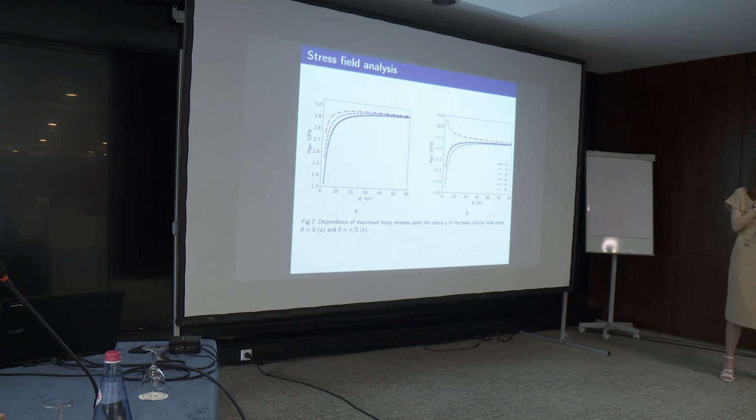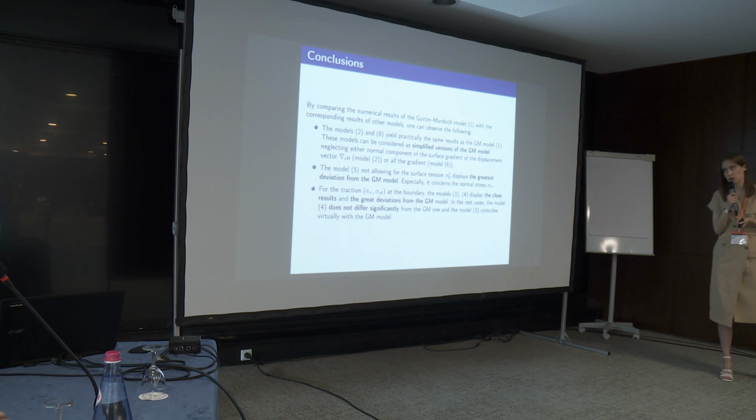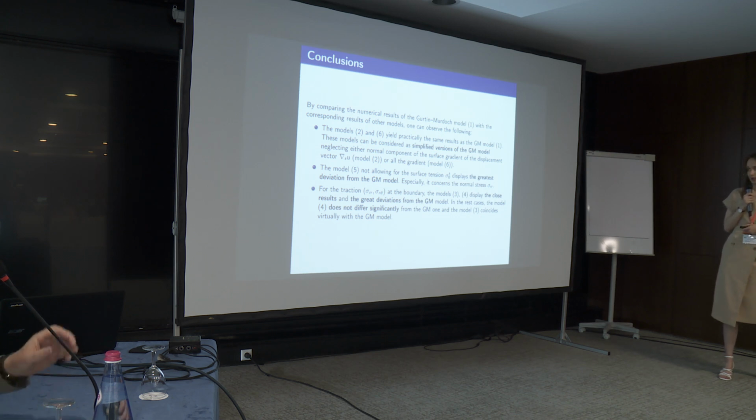So, to make conclusions, by comparing the numerical results of the Gurtin-Murdoch full model, number 1, with the corresponding results of other models, we can observe that the second and sixth yield practically the same results. The main one, model 5, not accounting for surface tension gamma 0s, shows a great deviation from the full model, especially for the normal stresses.